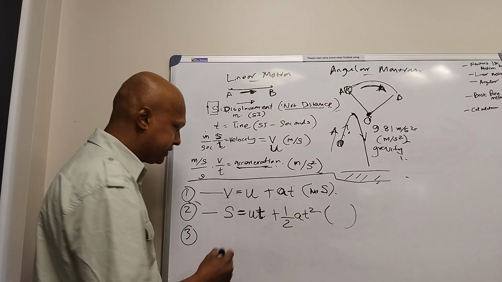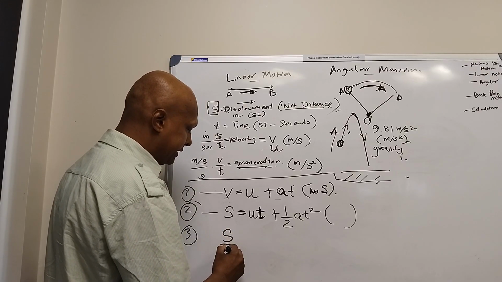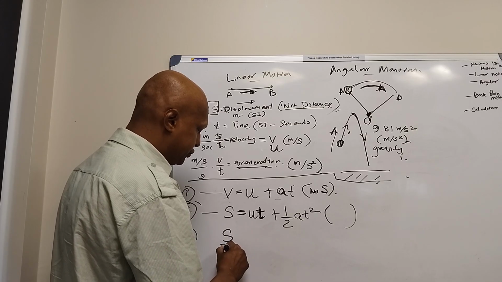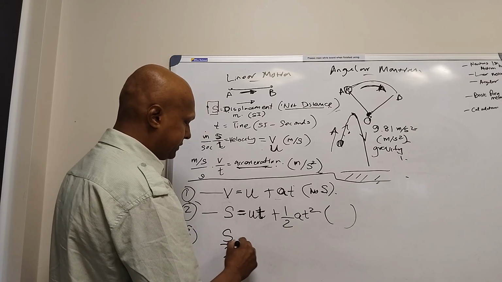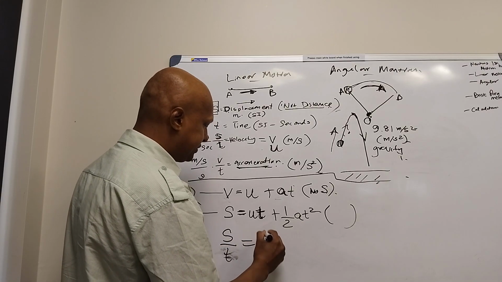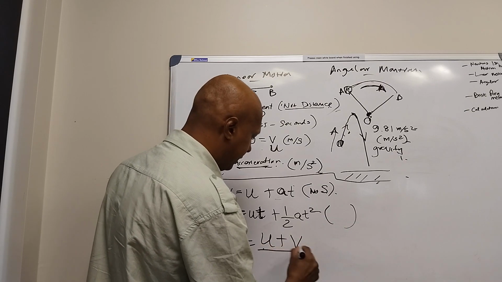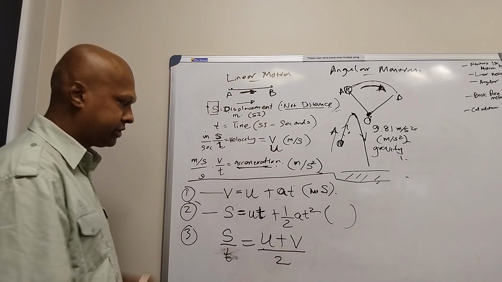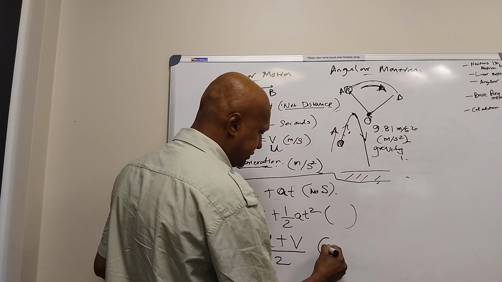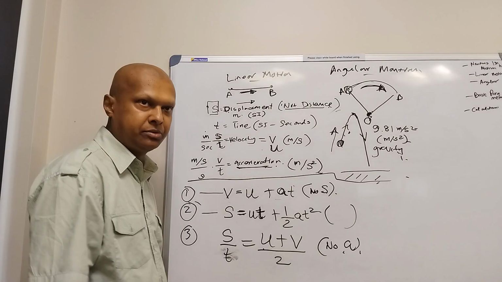So the third equation we use is S equals T times U plus V divided by 2. In this equation, there's no A, so no acceleration.